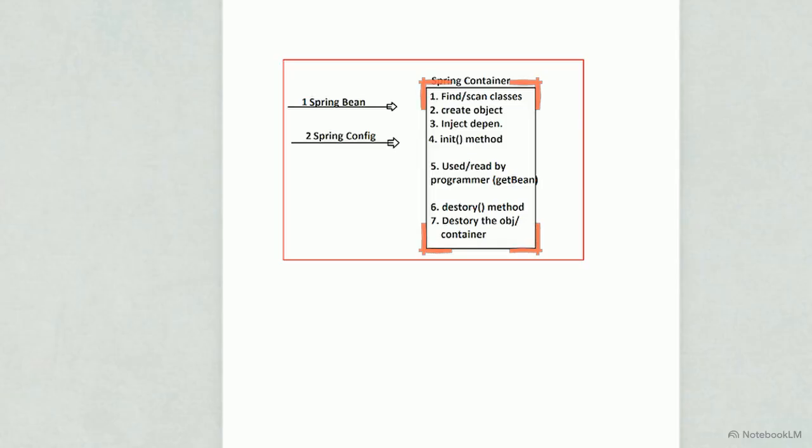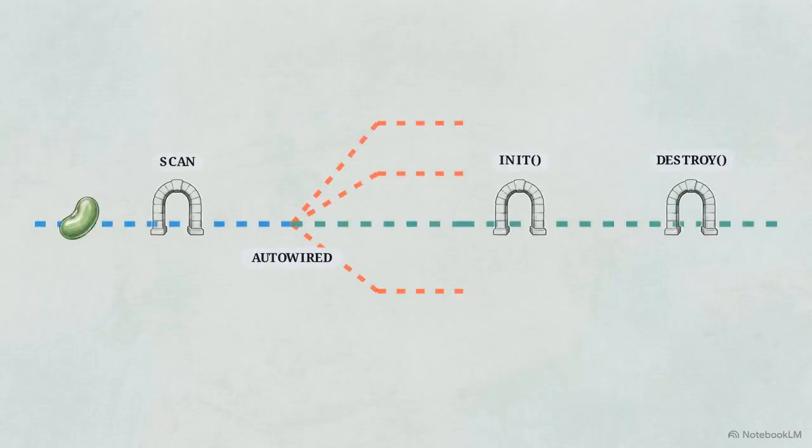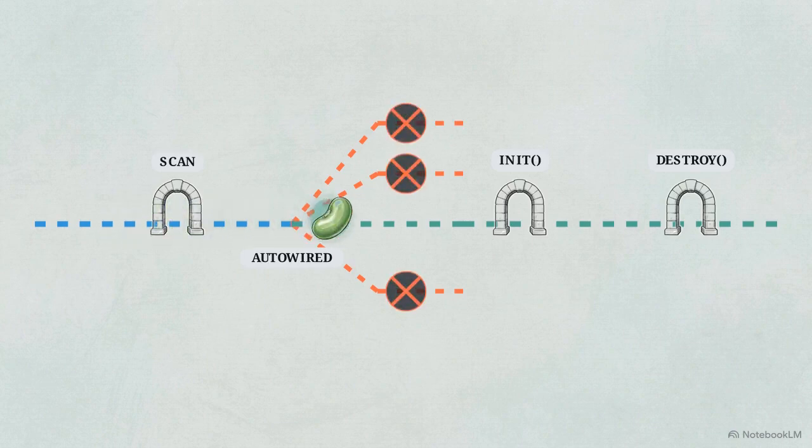This complete 7-step pipeline serves as a structural roadmap. It tracks an object's exact journey through the Spring framework. A correctly configured bean gets discovered during scanning, survives the strict cardinality checks of autowired, and reliably passes through its predefined lifecycle gates.